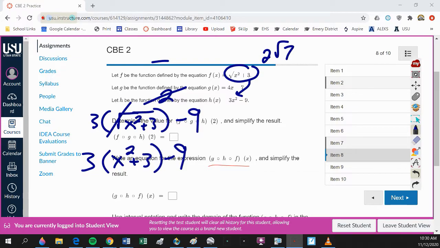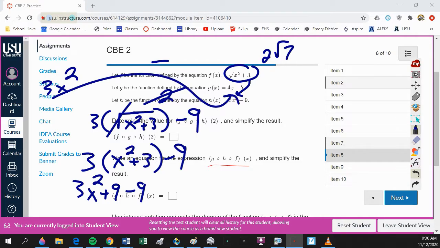Do I want to simplify that? Yeah, I should simplify it. So 3x squared plus 9 minus 9 is just 3x squared. Now I plug that into g. So 4 times 3x squared minus 7 is 12x squared minus 7.